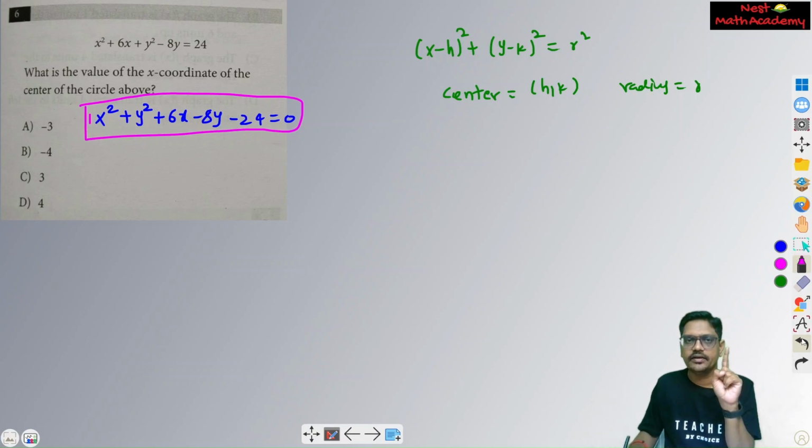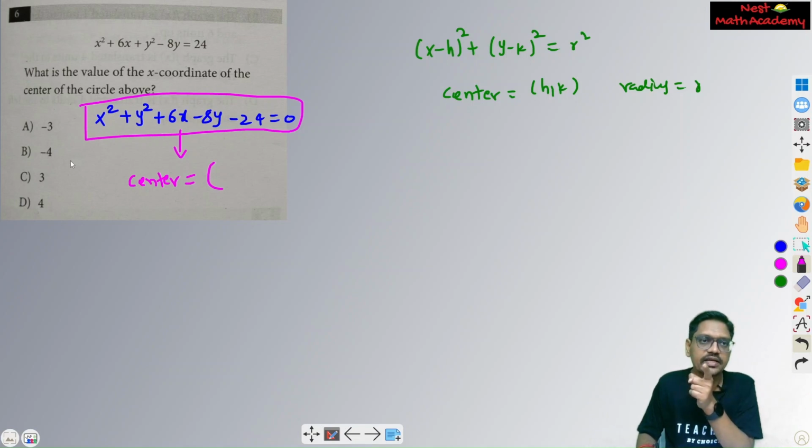Then simply take half of the x coefficient with the opposite sign. I repeat, you can directly write the center by looking at the x and y coefficients, but make sure that the x square and y square coefficients must be 1 and 1 only. If it is anything else, divide by that. If it is 3x square, 3y square, let us say, first divide by 3, then only you can do what I am trying to tell now.